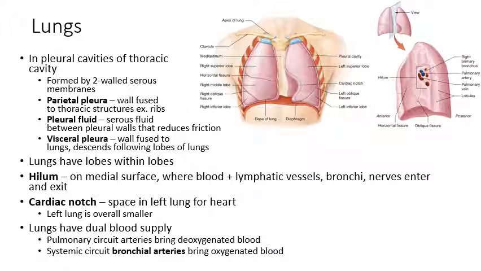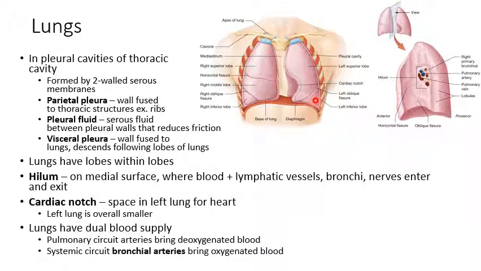That would probably cause damage to the lungs, because they're more delicate than the ribs. The lungs are lobed, so you can see here's a lobe, here's a lobe, here's a lobe, here's a lobe, here's a lobe.